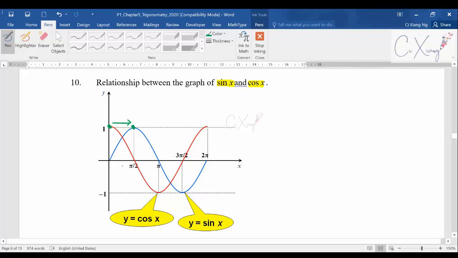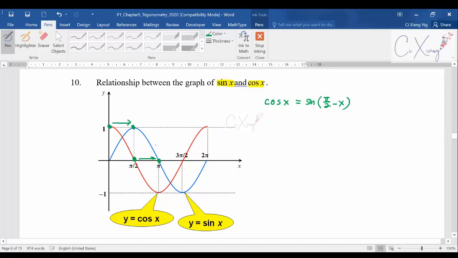Originally it is the red graph, and pi over 2 units to the right is the blue graph. Which means cos x can also be written as sine of x minus 90 degrees, or sine of 90 degrees minus x.